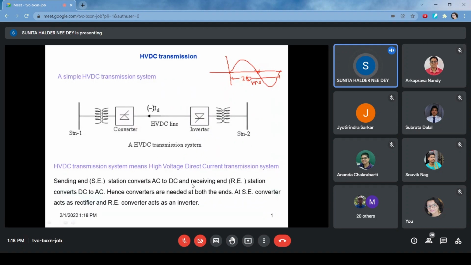So this is the concept of HVDC transmission. Now in this topic, we shall not discuss the converter in detail, because you have a power electronics paper for that. But the part that we need to relate to power system operation, I shall discuss only that much.